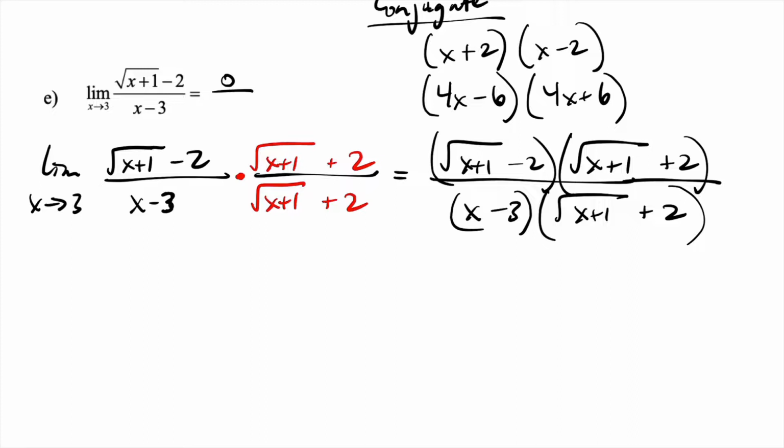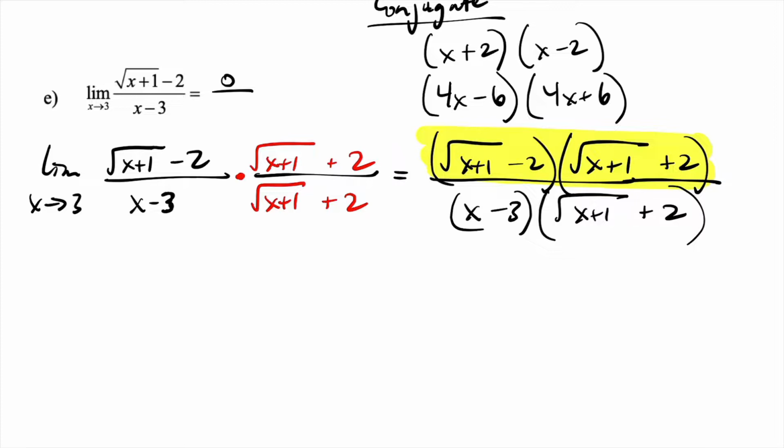Okay, so we're going to do this piece by piece. Look at this top part. Does that look familiar? They're conjugates of each other. They're very close to each other.